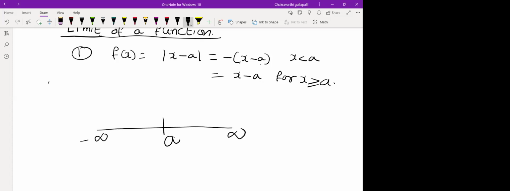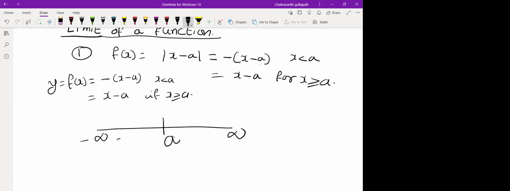And you know, graph means y is equal to f of x. So what is the graph? y is equal to minus of x minus a if x is less than a, and y is equal to x minus a if x is greater than or equal to a. So y is equal to x minus a is a straight line.